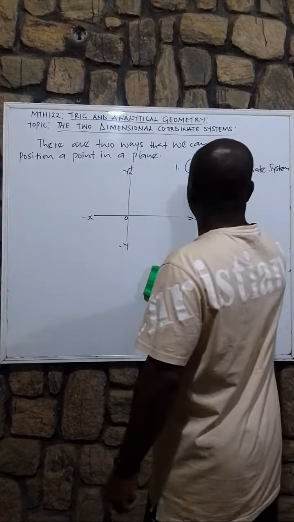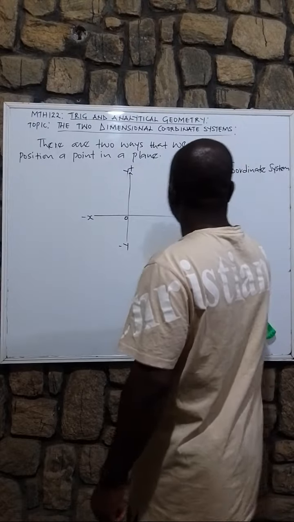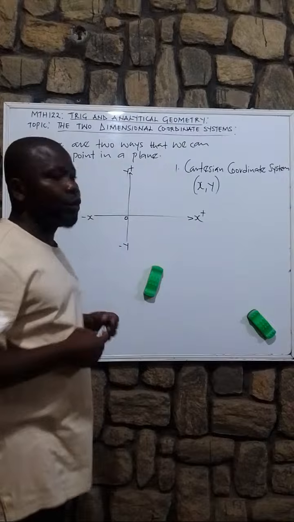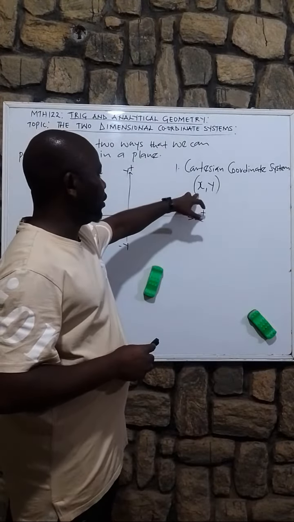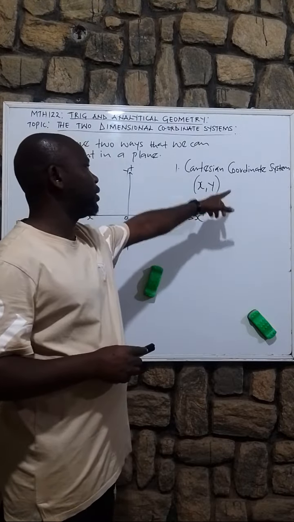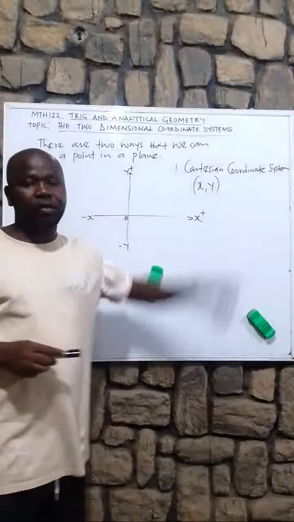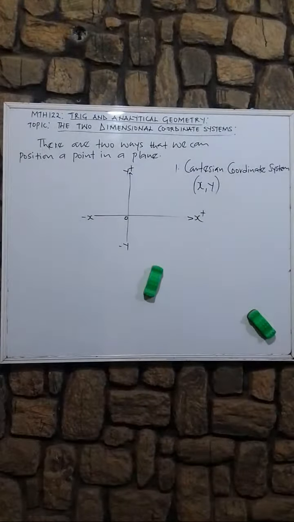It is always in the form x, y. Whenever you come across anything of this form, note that it is a Cartesian coordinate system, x, y. Do you understand? Are you following?